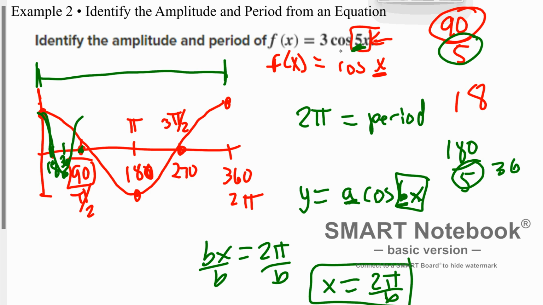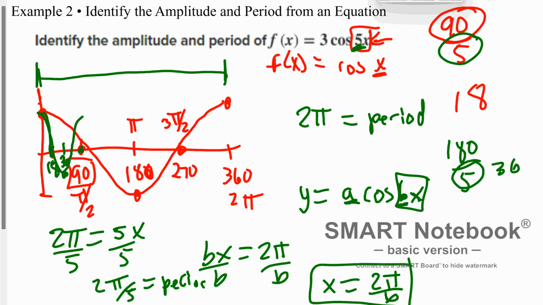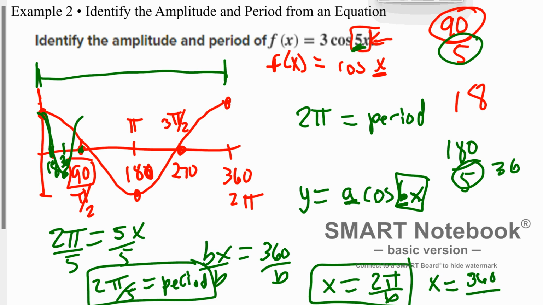Because you notice how I divided by 5, and that's what's being multiplied by x, and that represents my b. So my period length for sine and cosine is always 2 pi divided by b. Whatever is being multiplied by our x, that is our b. So here, normally it's 2 pi, but here we have 5x. So if I divide by 5, my period is 2 pi fifths. So it's going to take 2 pi fifths in order to repeat itself, or we can do degrees. So if I do degrees, instead of 2 pi, this is going to be 360 divided by b.